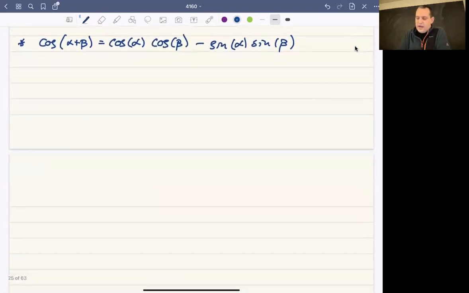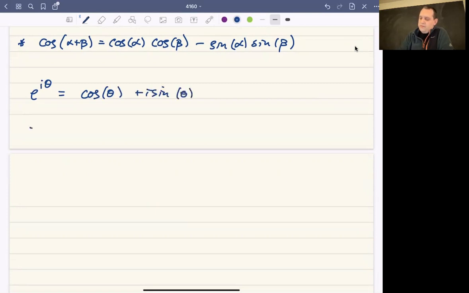One other thing that you can get from Euler's identity is if you were to write e to the i theta, that's of course what we've been talking about, this is cosine theta plus i sine theta. And if you were to think about e to the minus i theta, this would be cosine of minus theta plus i sine of minus theta.